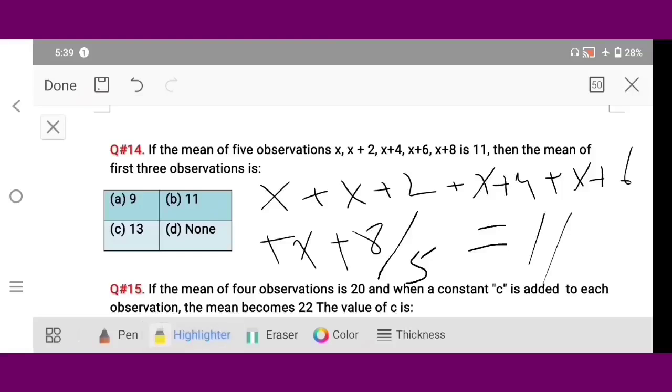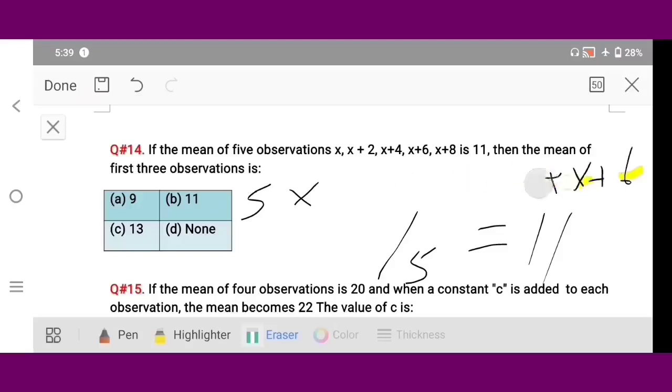So when we add, just add the x's, this gives 5x, and the values 2 plus 4, 6, 6 plus 6, 12, 12 plus 8, 20.